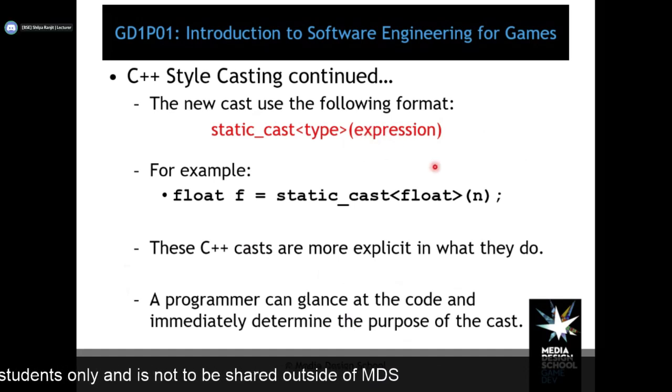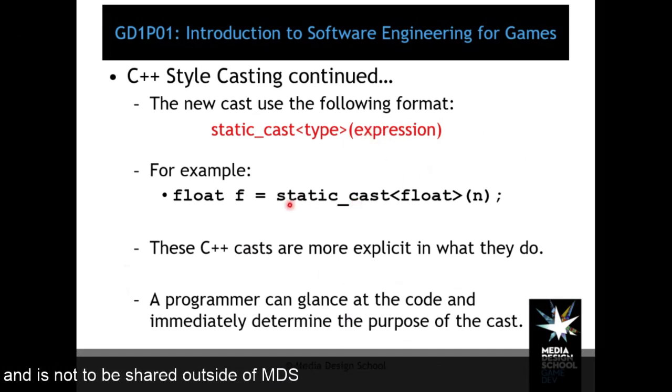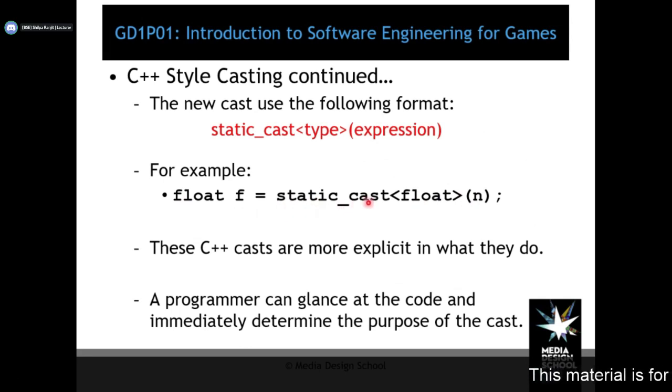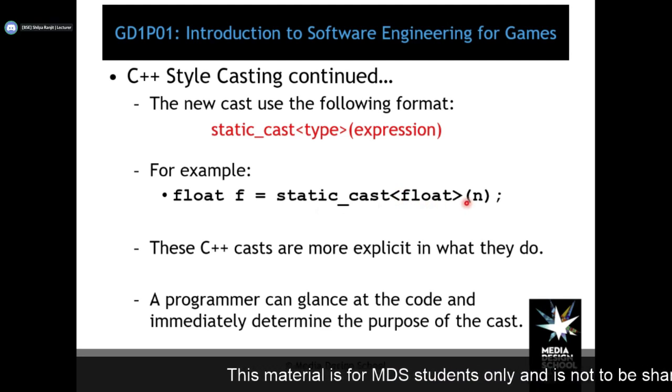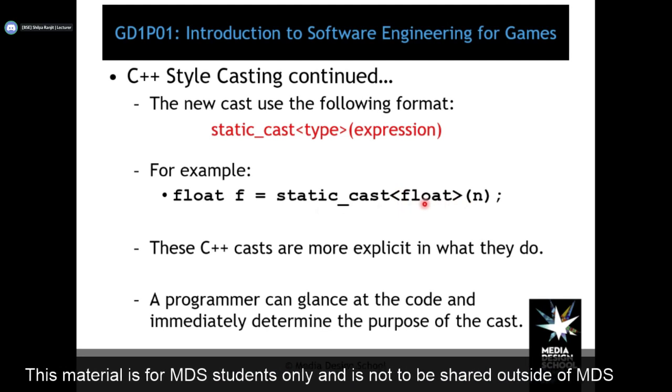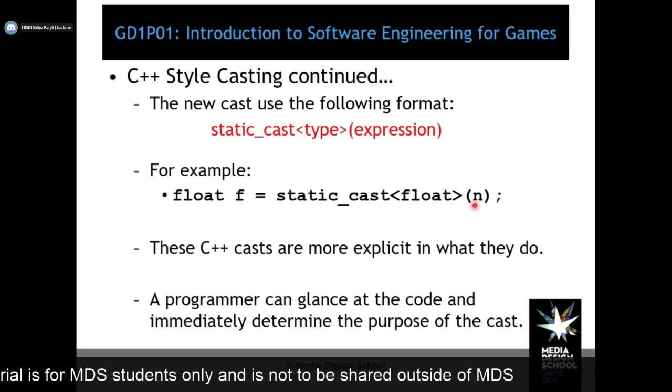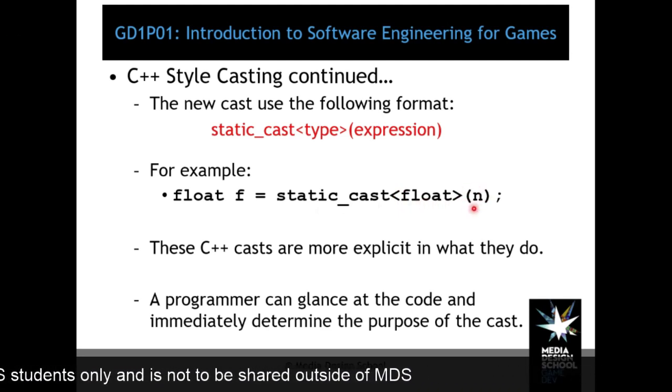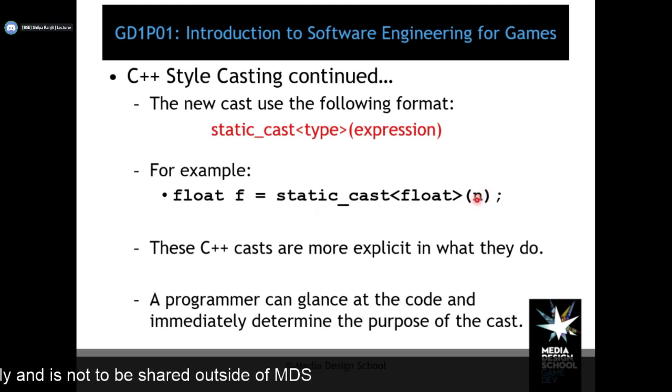As you can see in this example, if I want to convert from an integer n to a floating point f, I would do static_cast. In the angular brackets, I'm giving it a float because my end result is I want to convert it from integer to a float. And the variable that I want to convert goes in the parentheses.